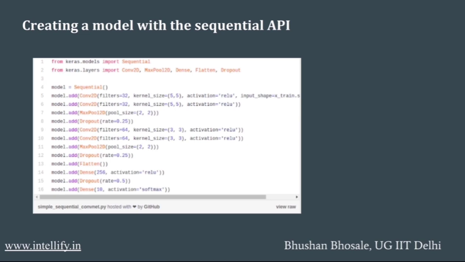From keras.layers we have imported Conv2D, MaxPool2D, Dense, Flatten and Dropout. Now we set model equal to Sequential, that is we have created a sequential object of model. Then we use the add function to add the layers.